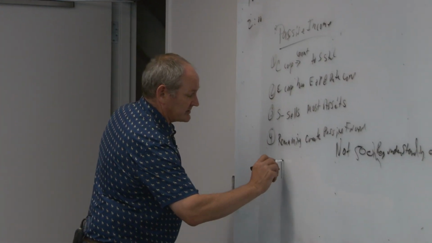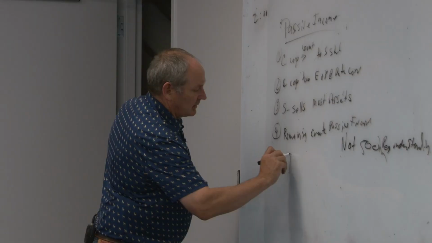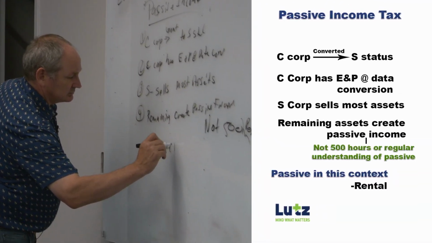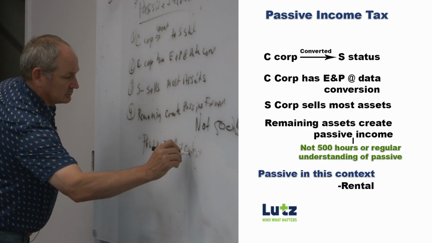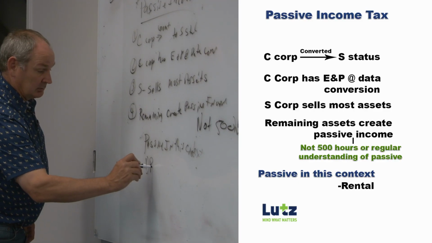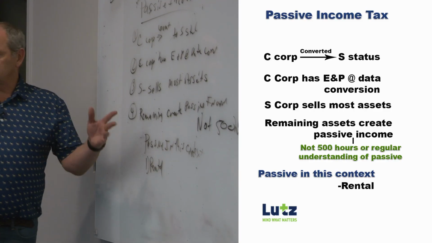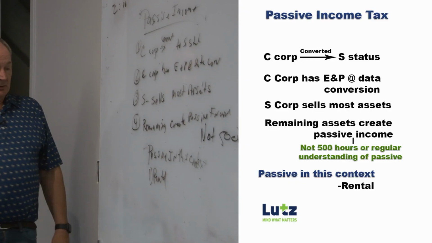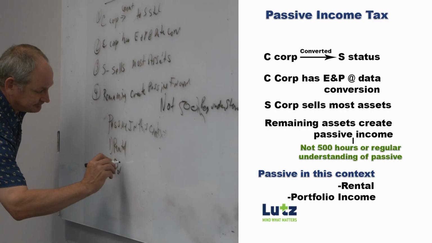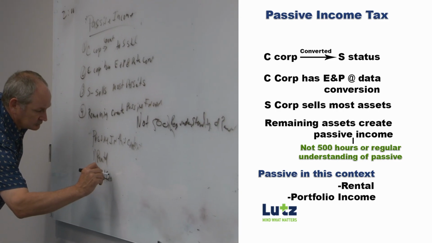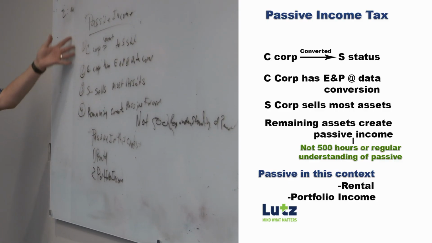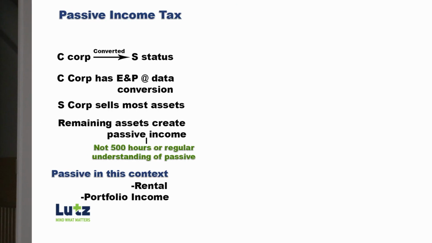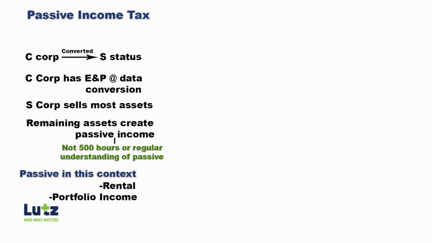However, rental, and I should look this up, passive in this context is rental. So that's consistent across both definitions. The second is portfolio income. Okay, if these exist, you've got a passive income problem. And we'll demonstrate why the problem exists.